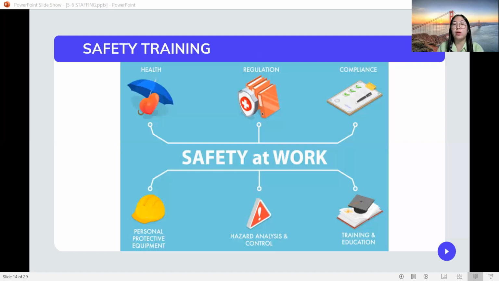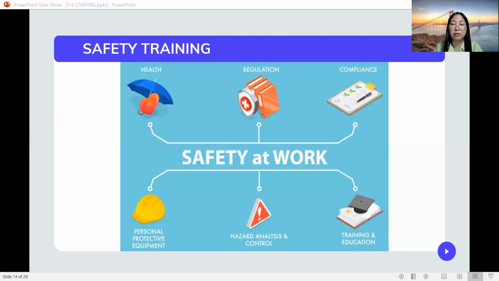So ginagawa naman natin to even on face-to-face pa tayo sa school, di ba? Nagkakandak tayo ng fire and earthquake drills, and also the Bureau of Fire Protection helps us or trains us how to use the fire extinguisher and how to give first aid dun sa ating mga injured na kasamahan, di ba?